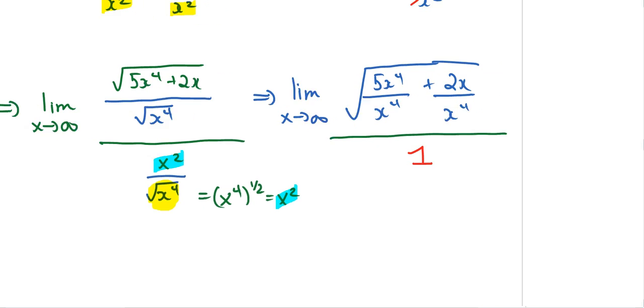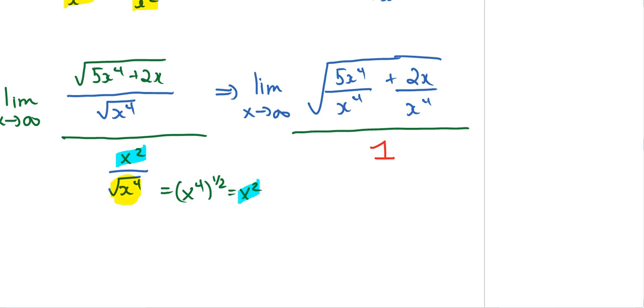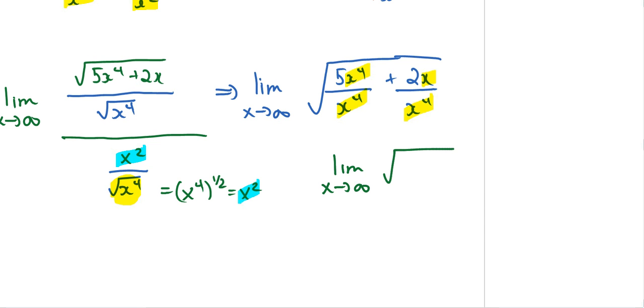Okay, and then from here on, you can just simplify this expression here. I'm just going to delete this now. And if I look at the x to the 4 here and the x to the 4 there, I'm simply going to get the limit as x goes to positive infinity of root 5 plus 2 over x cubed.